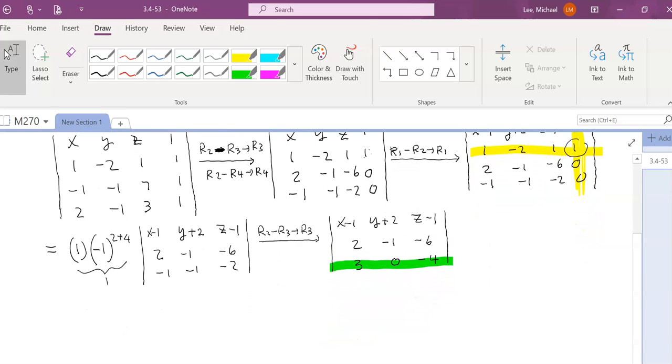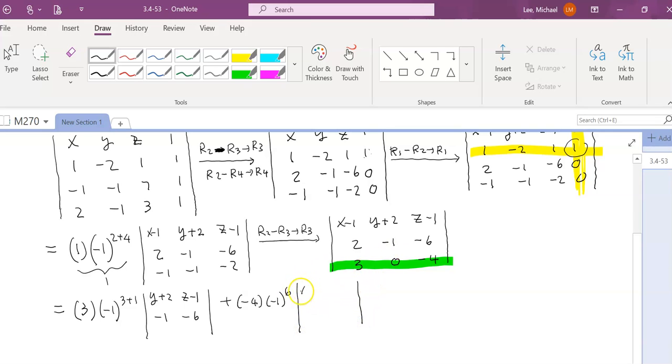So this is again 3 times, and then -1 to the power of row number 3, column number 1, and then the minor now will be y plus 2, z minus 1, and then negative 1, negative 6, and then plus, negative 4 times negative 1, this is 6, and then the minor will be x minus 1, y plus 2, 2, negative 1. Okay? So now we can finally do it.